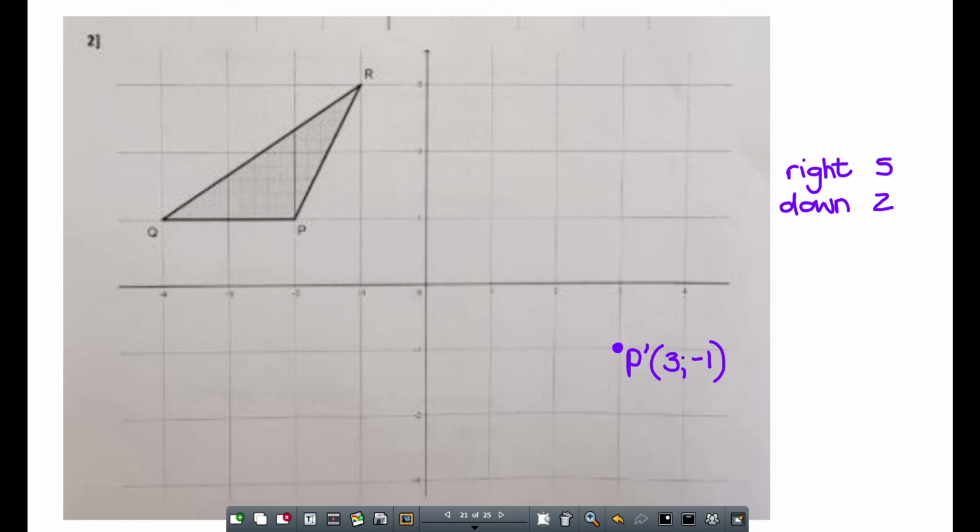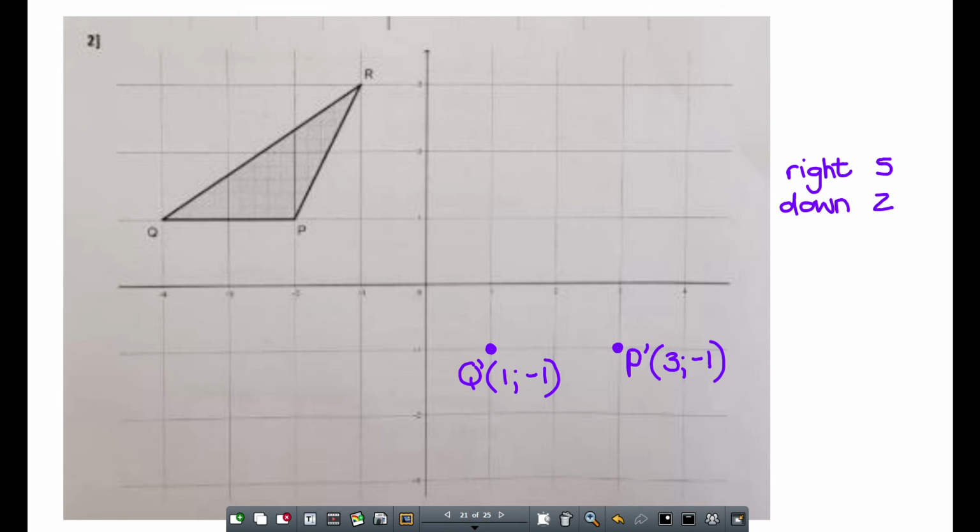Again, we didn't have to write the coordinates, okay? What you did have to have is P with that little comma. Then Q was over here. So 1, 2, 3, 4, 5 units to the right and 1, 2 units down. So it's going to be here, new Q, and that's where X is 1 and Y is minus 1.